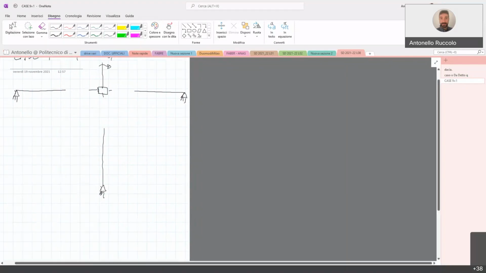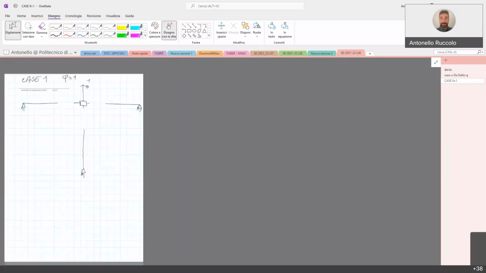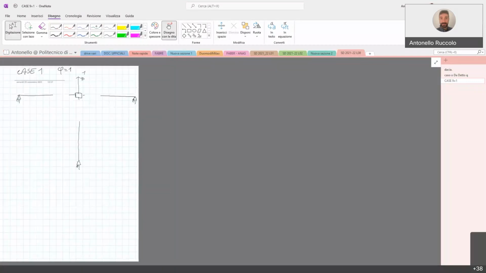So it will be like this, then like this, and then like this, okay? Because we have the possibility to rotate at all the 3 ends of the beams.